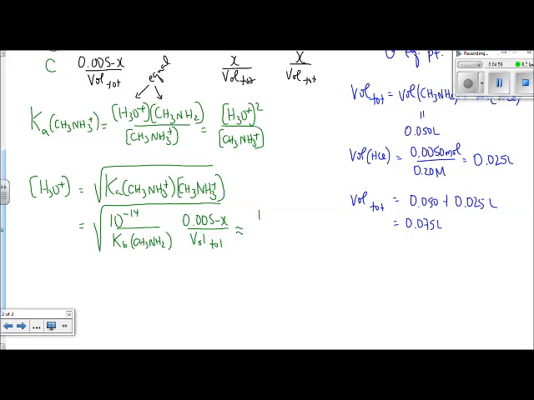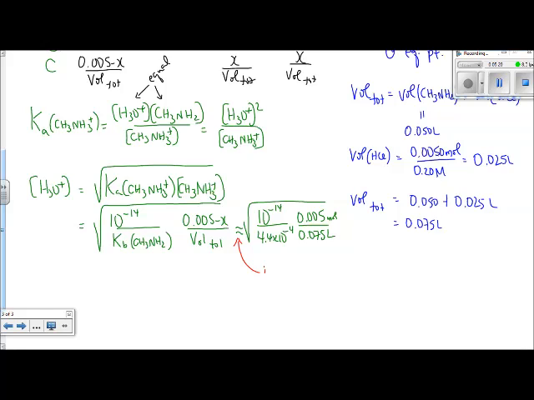We're going to assume that 0.005 minus x is approximately equal to 0.005. So we have 10 to the minus 14 divided by the Kb, and then multiplied by 0.005 moles divided by 0.075 liters, the square root of that.